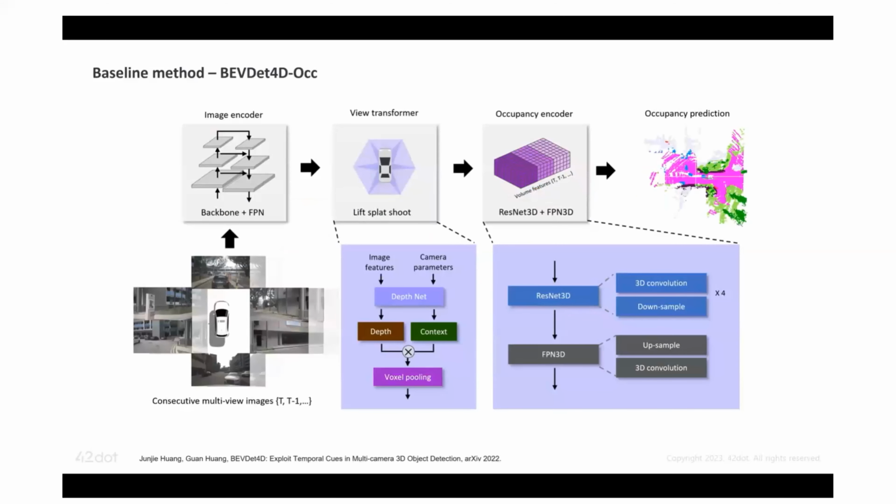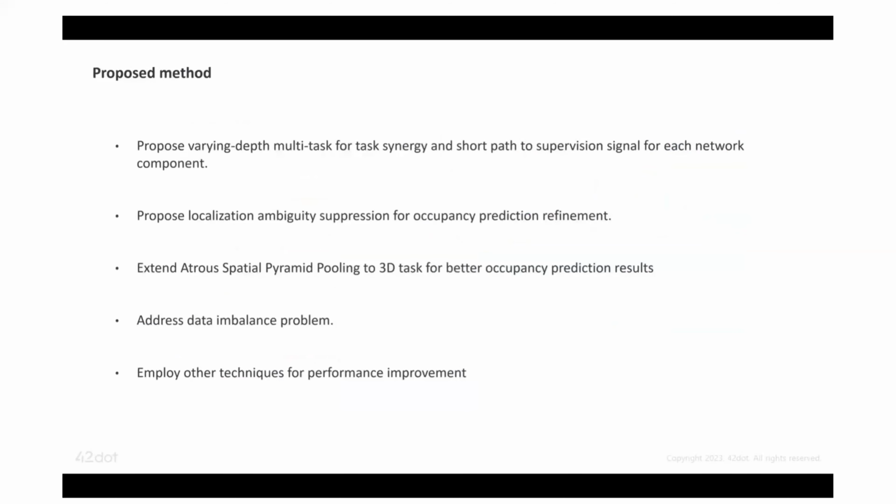Our baseline model consists of three main components: an image encoder to extract image features, a view transformer to transform 2D features into 3D features, and an occupancy decoder to produce occupancy predictions. We propose several improvements on the baseline.